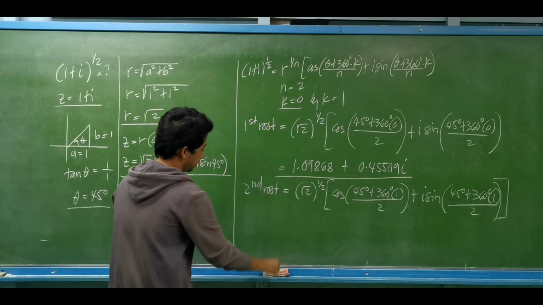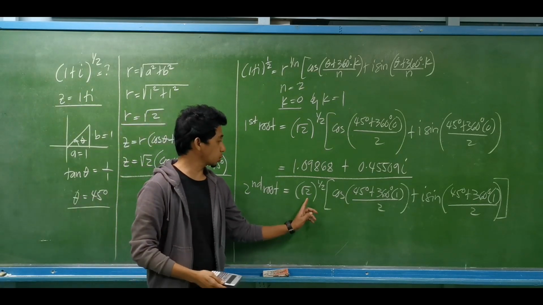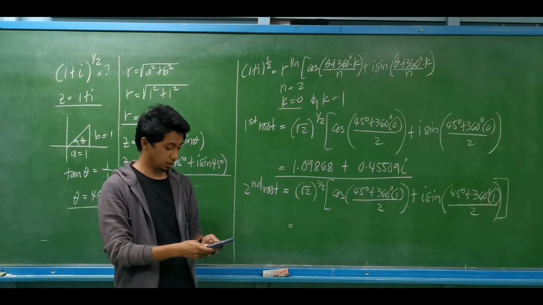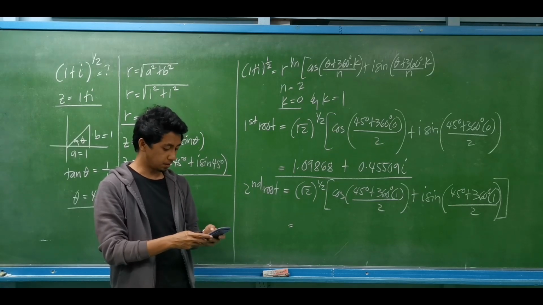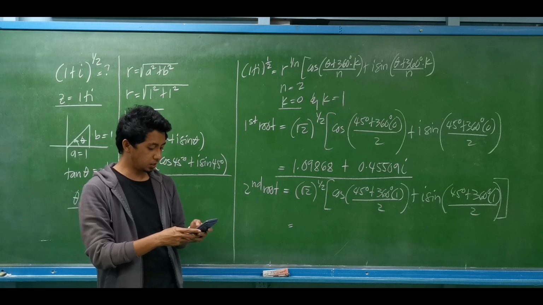Alright, then let us compute for this value. So what is the square root of 2 raised to 1 half multiplied by this value? We are just to distribute. So we have the square root of 2 raised to 1 half multiplied by the cosine of 45 degrees plus 360 divided by 2.